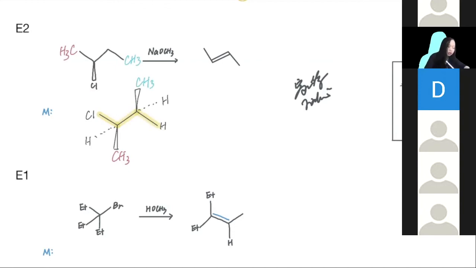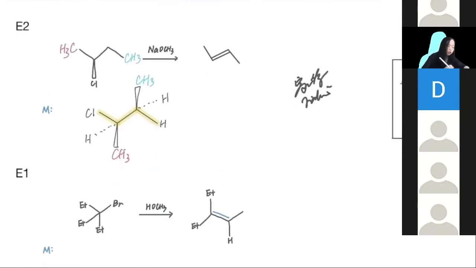If you want to make E2 happen, you have to have an anti-position hydrogen to your leaving group. When you are writing the mechanism, one of the points that you are going to lose easily is forgetting to write what has fallen off. So for example, here, the chloro falls off, right? That's the leaving group. What else? HOCH3 is also falling off.